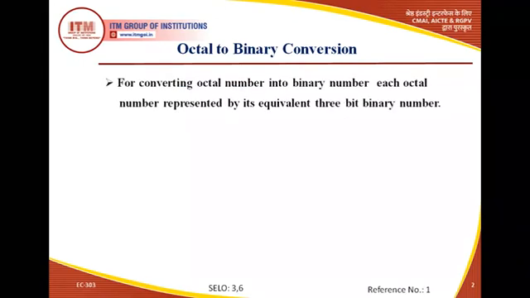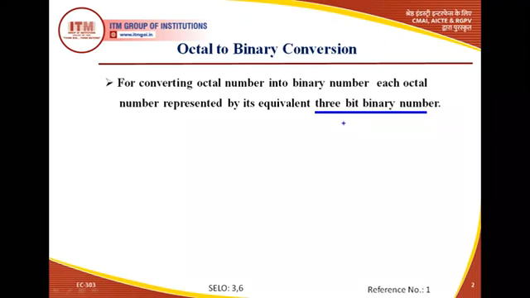So for converting an octal number into a binary number, each octal digit is represented by its equivalent 3-bit binary number. We write in the note that each octal digit is represented by its equivalent 3-bit binary number.